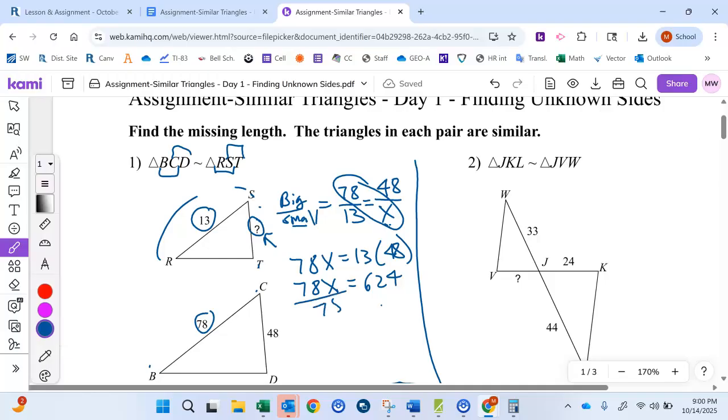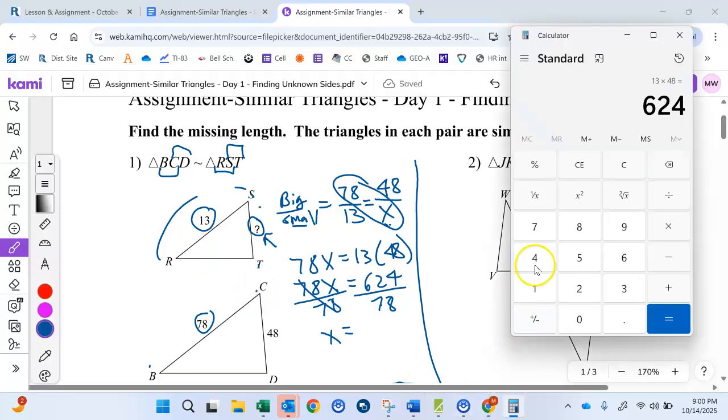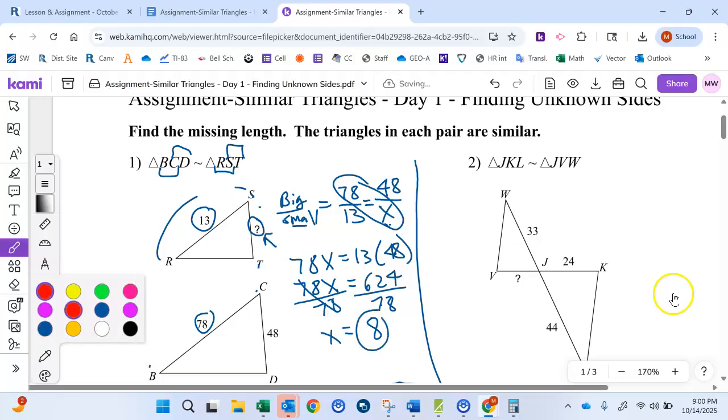Okay, divided by 78, right? Cancels, divided by 78. So x is equal to 624 divided by 78 equals 8. So that tells me that the answer is 8 right here. So that's the correct answer for number one, okay?